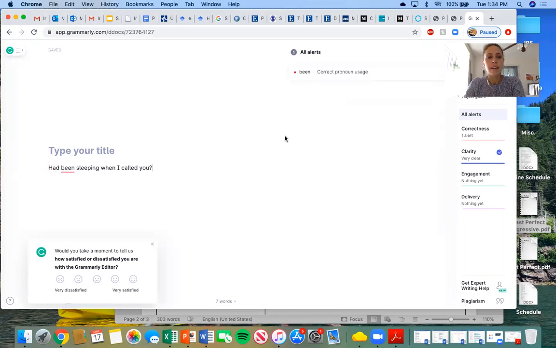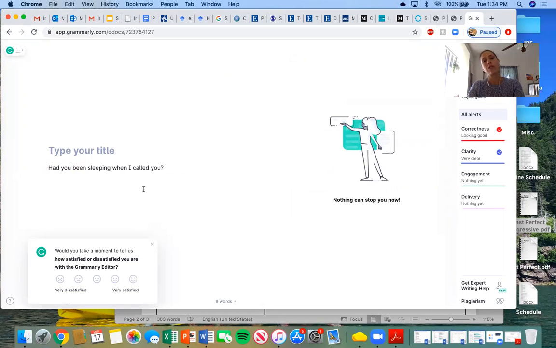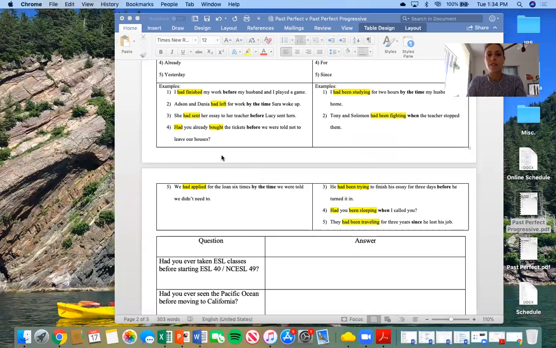It's going to say alert, correct pronoun usage, which means I need to have a pronoun there. It says, it seems like there's a pronoun problem. So you would say, had you been sleeping when I called you? Okay, so double check your work on Grammarly, because they're going to give you a lot of great examples and why you did something incorrect, and hopefully it can help you out. Use that to double check your own work because these are my examples, but write your own, okay? Practice your own.